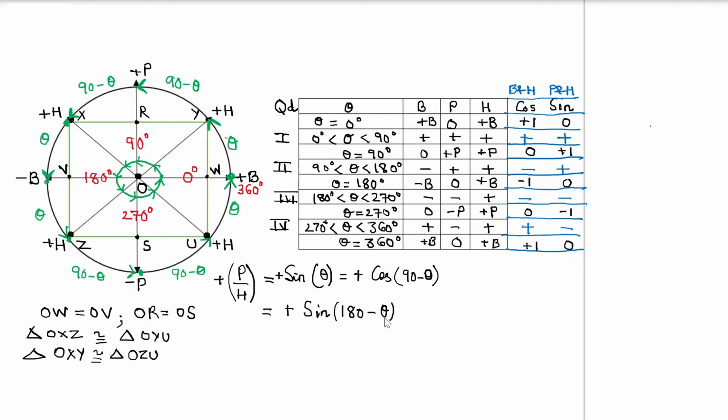Naturally, all these values we are taking in degrees only. So when I'm saying theta, I'm basically referring to theta being equal to some degrees. So can I say sine theta will be equal to sine of 180 minus theta? Yes, and both of them would be equal to plus P by H, of course.